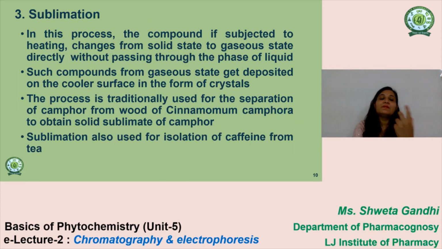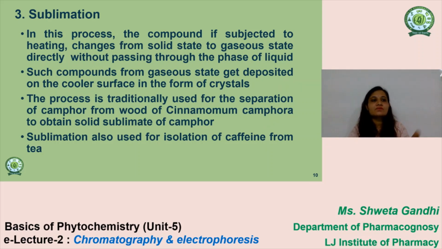Third one is the sublimation process. For identification and purification, we also use the sublimation process. What is sublimation? In this process, the compounds, if subjected to heating, change from solid to gaseous state without passing through the liquid phase.